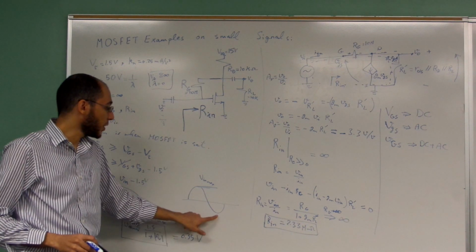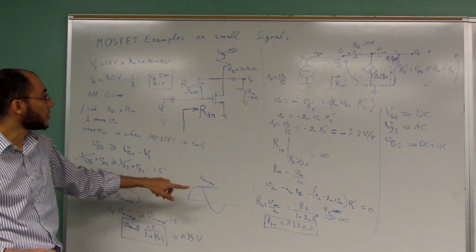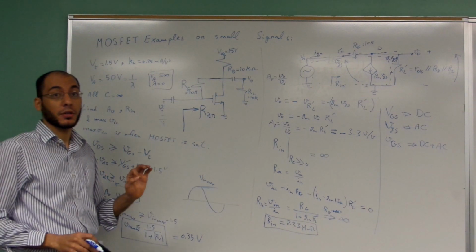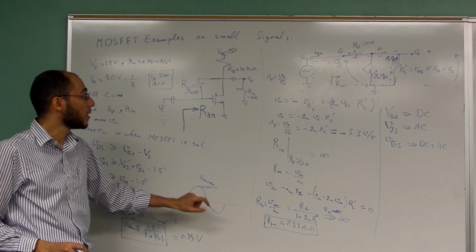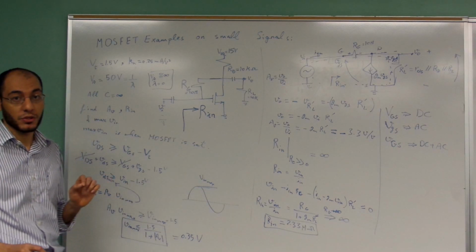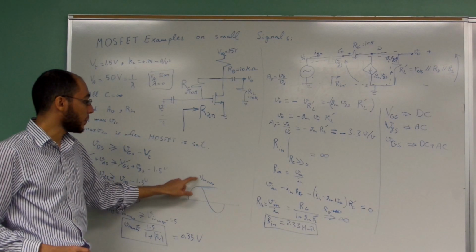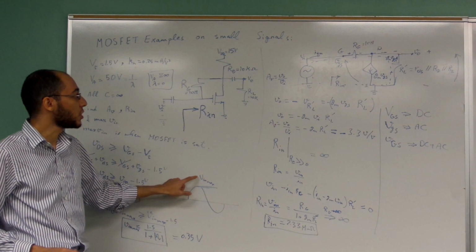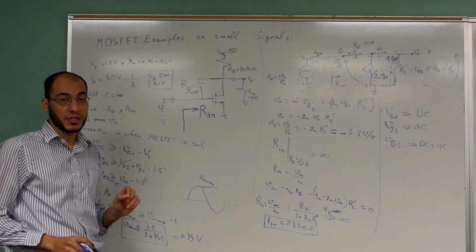And for the V input minimum, you cannot obtain it by looking at the saturation region. For the V input maximum, we wanted to find the V input maximum that corresponds to keeping the transistor in the saturation region.